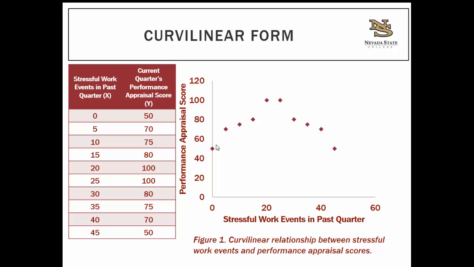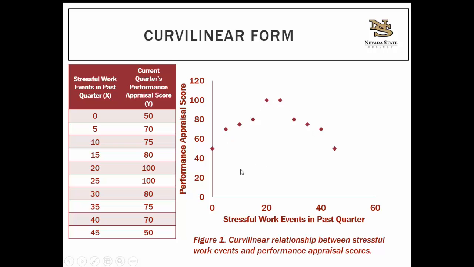Your performance bottoms out. Whereas if you're on the high end of this spectrum and you've just got work overload, the boss is always breathing down your neck, you've got too much to do, you're so overwhelmed, your performance will also be lower. But theoretically, and based on past research, if you have a moderate level of stress, you have just enough stress to keep you motivated, but not so much that you're overwhelmed, then your performance is at its peak.